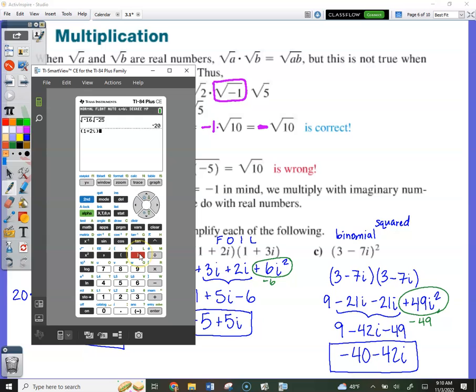Then close parentheses. What did we have? Parentheses, 1 plus 3i. Close parentheses. Whoa, there it is. And 3 minus 7i caret 2. That's what we got.